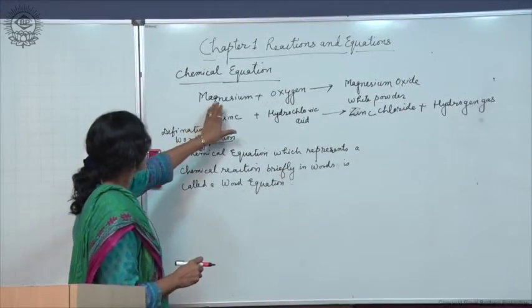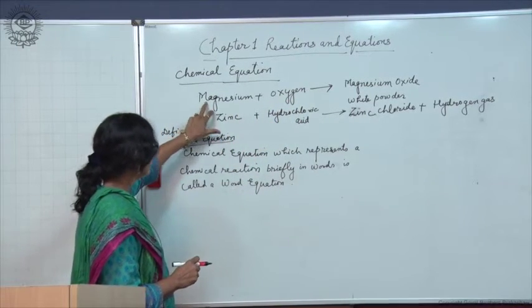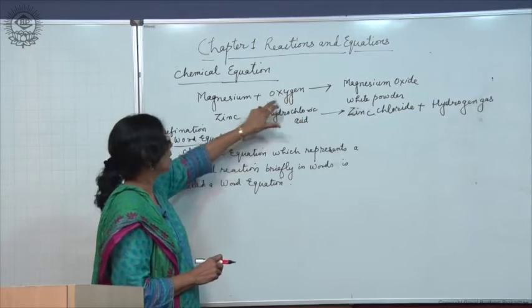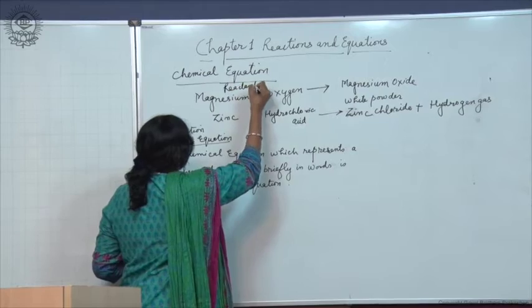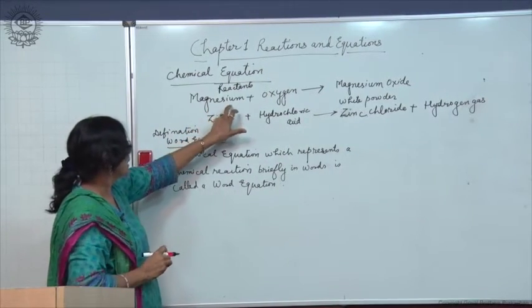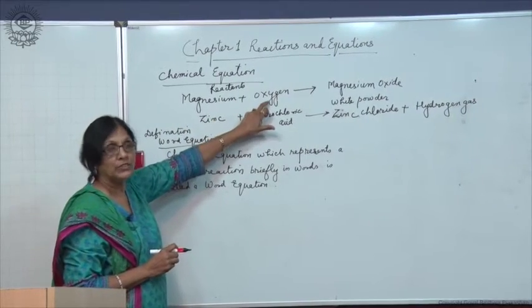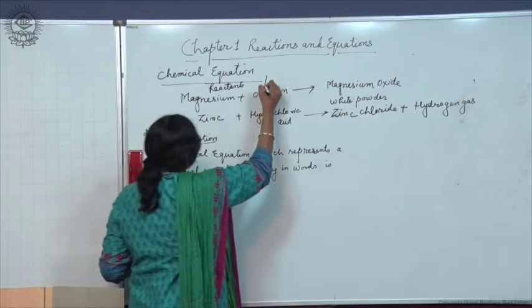The substances which are taking part in the chemical reaction, like magnesium and oxygen, are called reactants. The reactants in this activity are magnesium and oxygen. Reactants are always written on the left hand side.